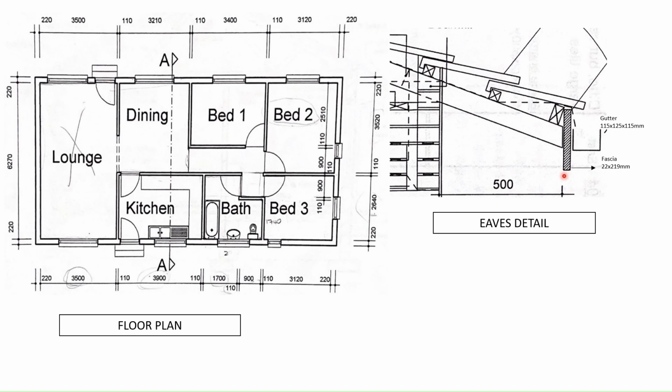We can see the fascia measuring 22 by 219 millimeters, and we have the gutter of size 115 by 125 by 115 millimeters. We can also see over here our underlay, right, which is fixed to our rafters.